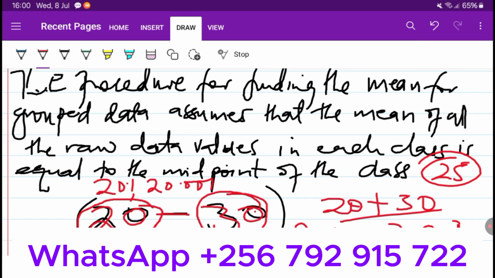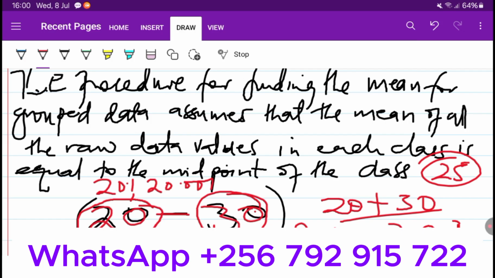So in reality, it's not always true, but that's the assumption, because we assume that the average of the raw data values in each of the classes will always equal the midpoint, but it's not true in reality.